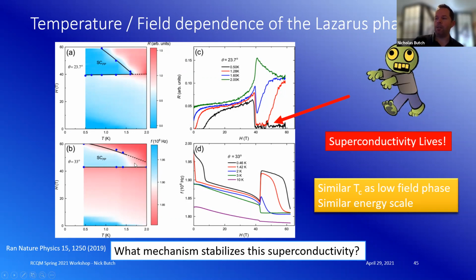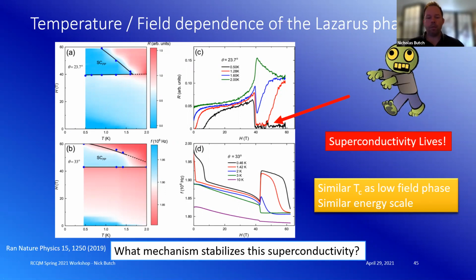Well, rather, the extrapolation doesn't look so good, although the color plot also seems to show the same temperature scale. So again, other examples of high field superconductivity don't necessarily have the same Tc. They're usually lower, or often are lower. So this is saying something about the energy scale of this high field pairing state.